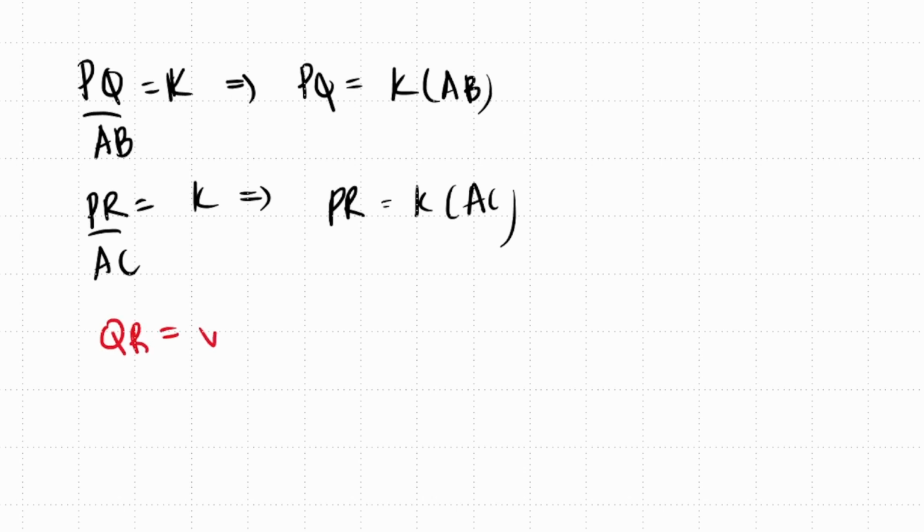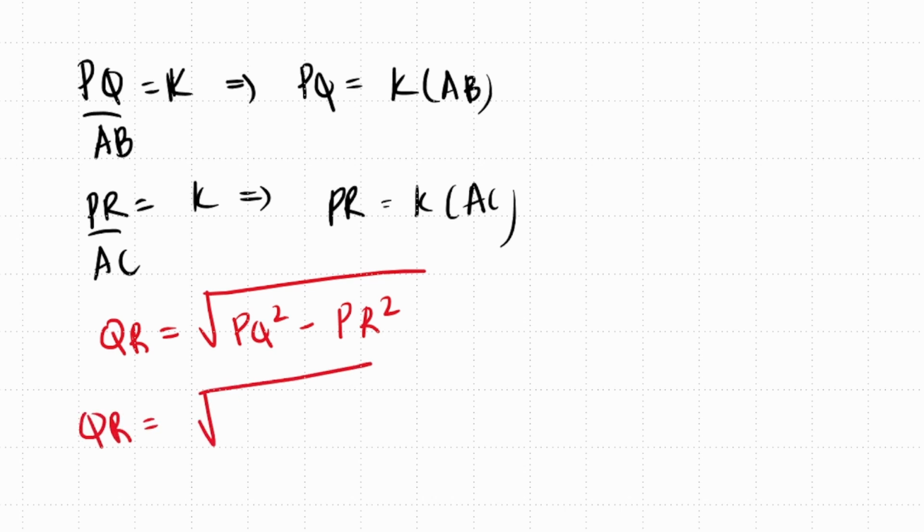QR is nothing but root of PQ square minus PR square. PQ square you have already found a value, right?